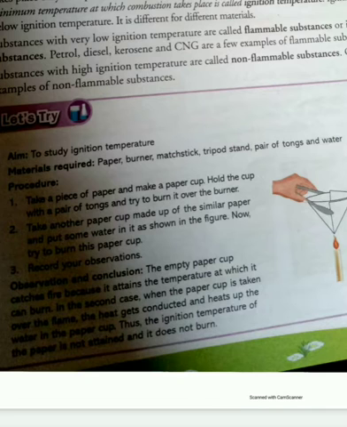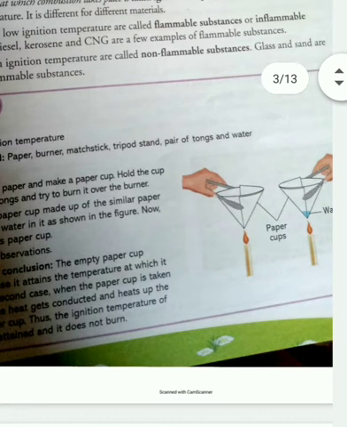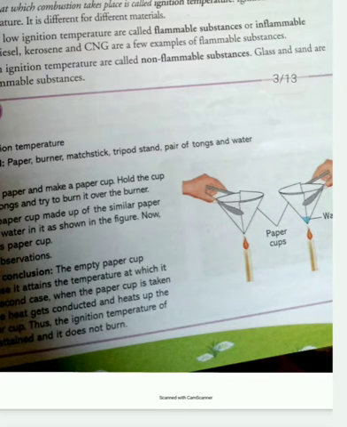So what materials do we require? We require paper, a burner, mastic, a tripod stand, a pair of tongs and water. Now you can see in the apparatus that we have taken paper and made a paper cup, and we have held that paper cup with the help of a pair of tongs.